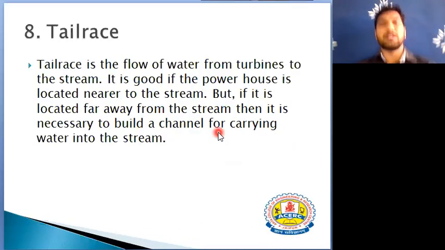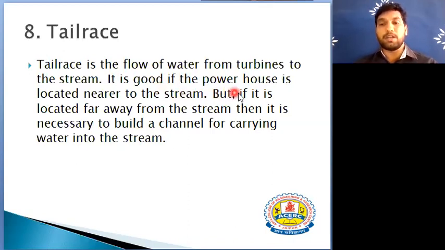Now the tail race is basically the downstream portion of a hydroelectric power plant. The tail race is the flow of water from the turbine to the stream, where the water which comes out from the turbine is submerged into the tail race, from where it can again be mixed into the original water stream, or it may be diverted into another water stream.